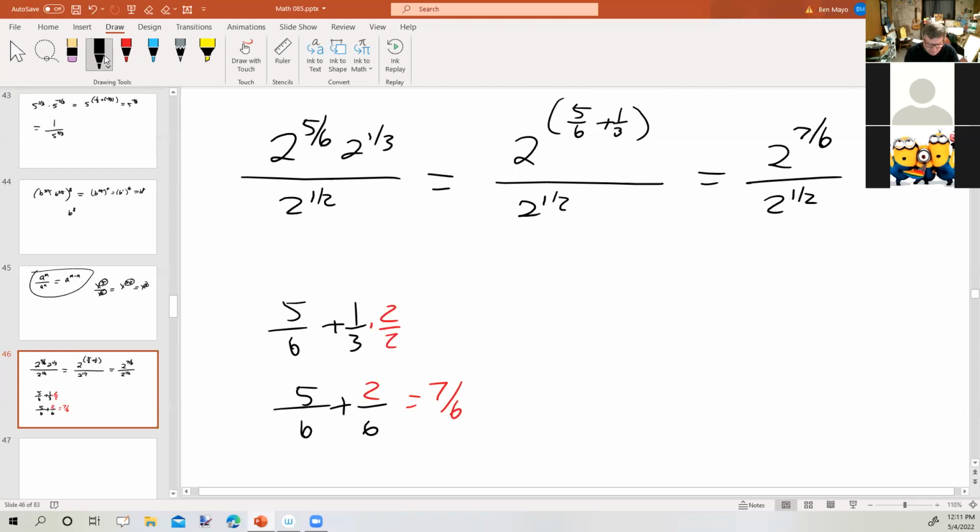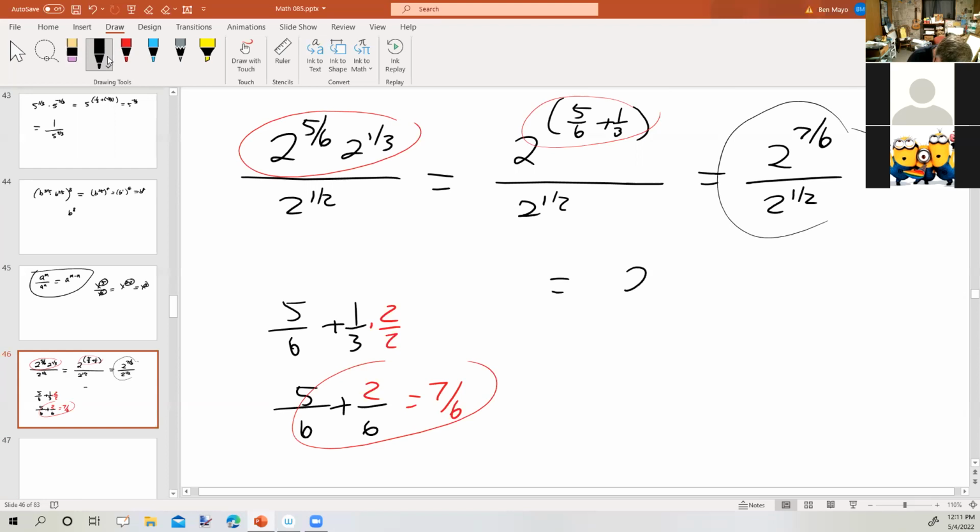Okay. So we combine these two by adding the exponents, and to do that, we needed a common denominator. Now, next, I'm going to divide these two powers, so I've got to subtract. So I'm going to get 2 to the 7/6 minus 1/2 power.